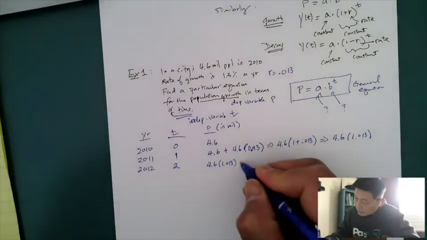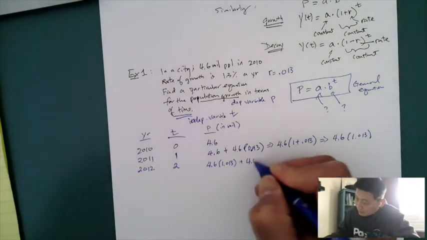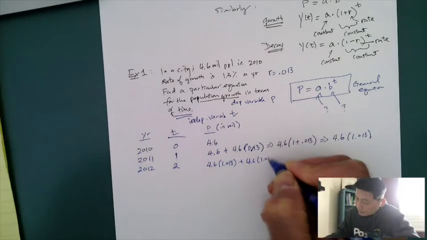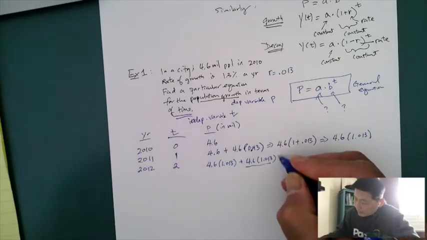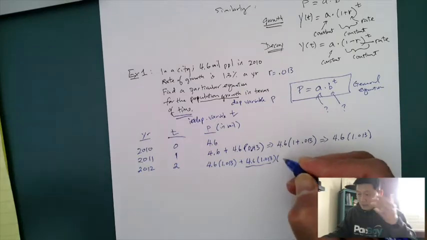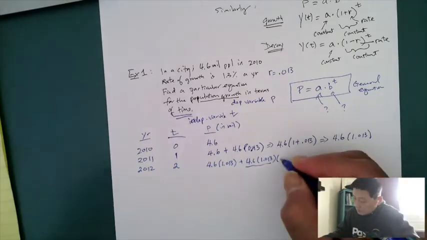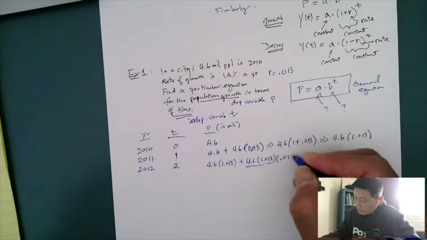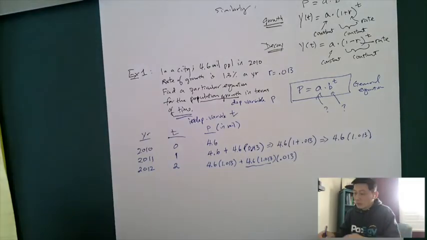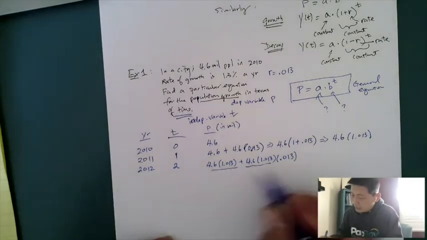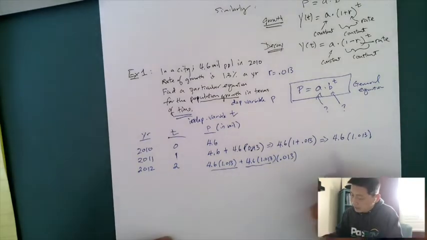So it's 4.6 times 1.013, that's the previous year's population, times the 1.3%, which is 0.013. So if you do that, you can factor out these two things.